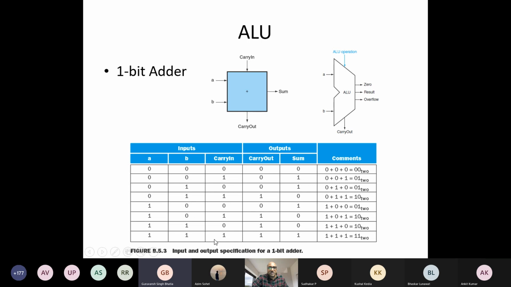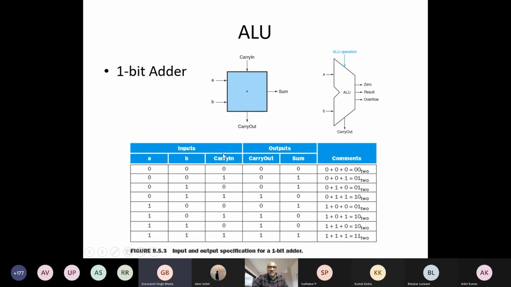The first 3 columns correspond to the possible inputs for a 1-bit adder: A, B, and a carry bit. There are a total of 8 sequences possible. For these 8 sequences, if you look at the sum and carry, this is the outcome. This is the sum, and this is the carry out.